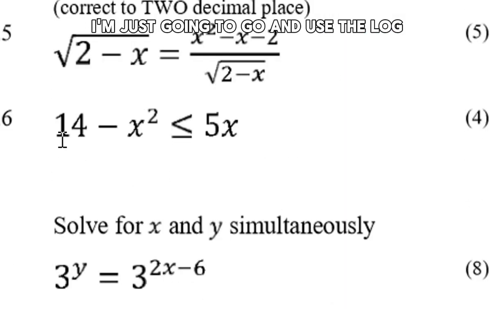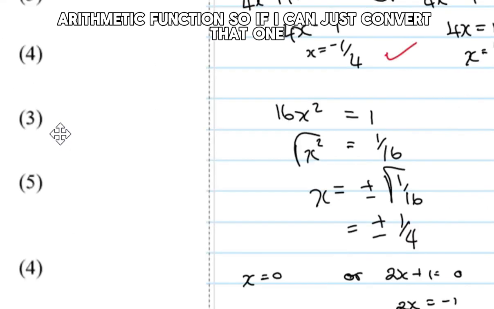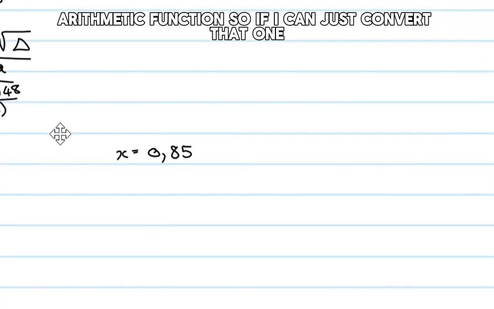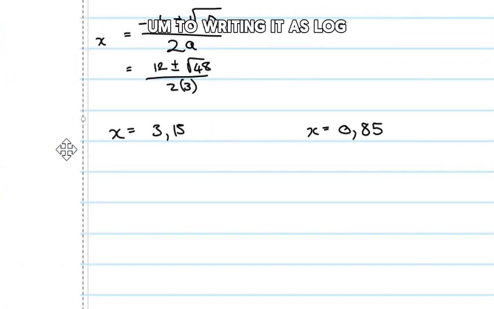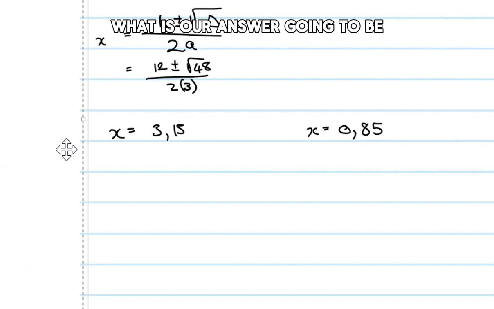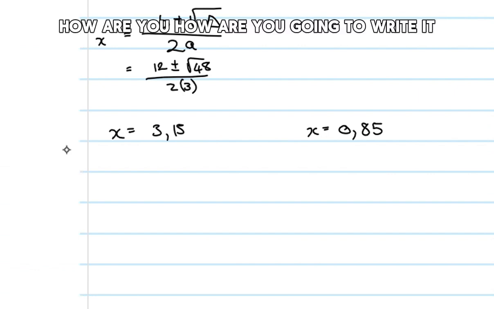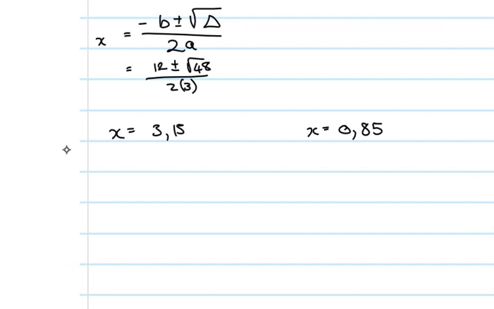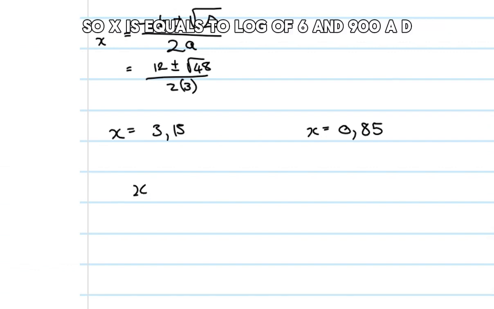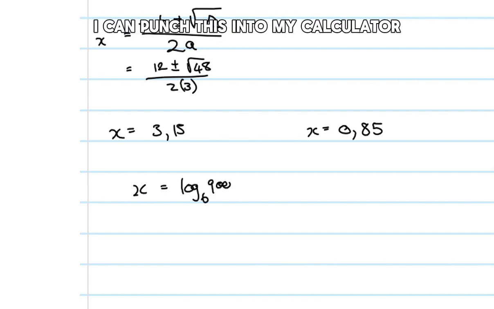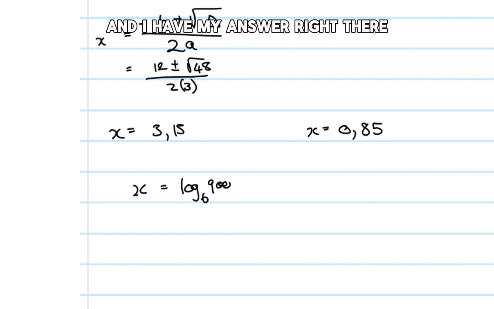I'm just going to use the logarithmic function. So if I convert that one to writing it as log, how are you going to write it? So x is equal to log of 6 900 there. I can punch this into my calculator and I have my answer right there.